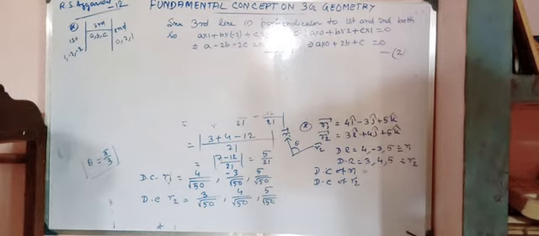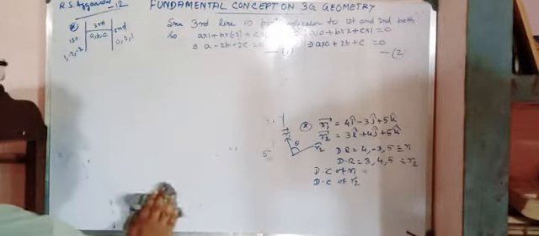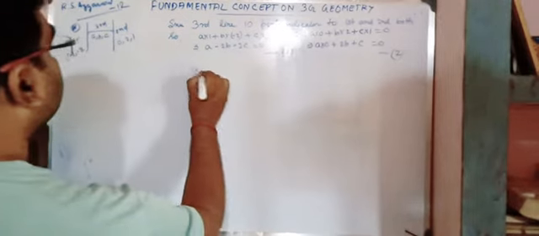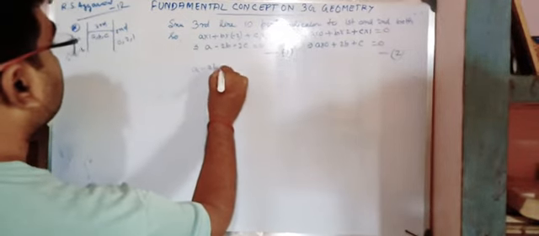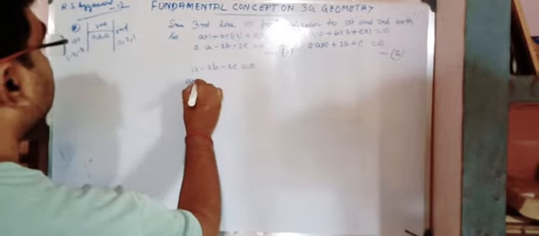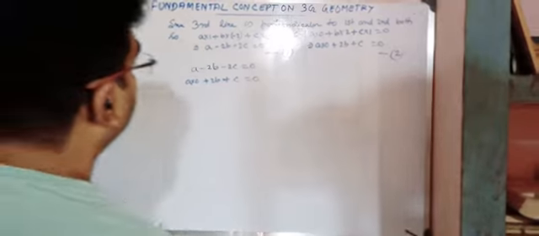Now we have to solve it by the cross multiplication method. So these are my equations: a minus 2b minus 2c equals 0 and a into 0 plus 2b plus c equals 0.